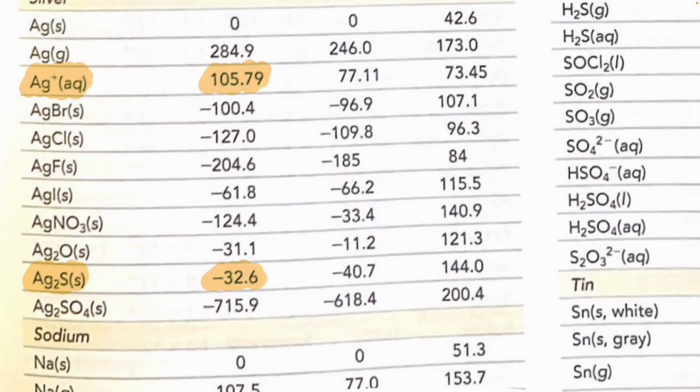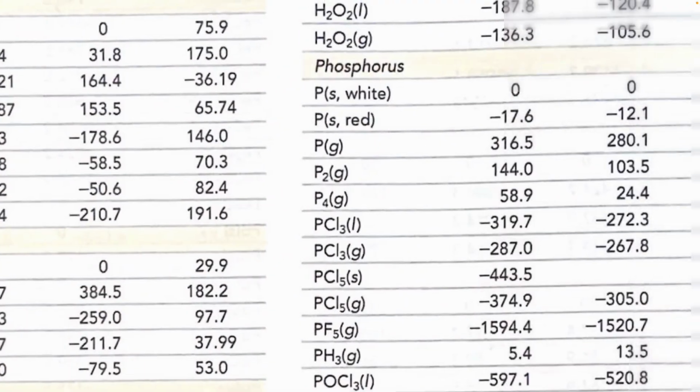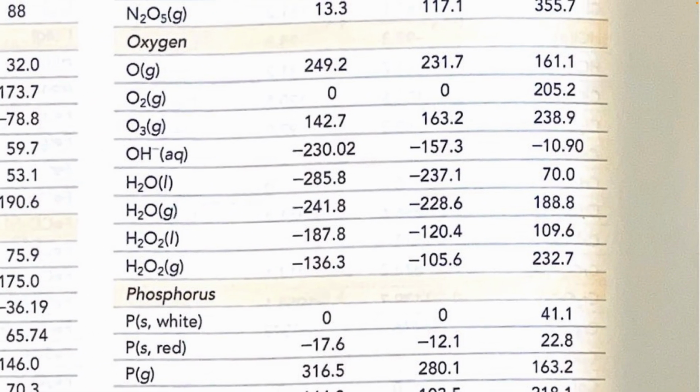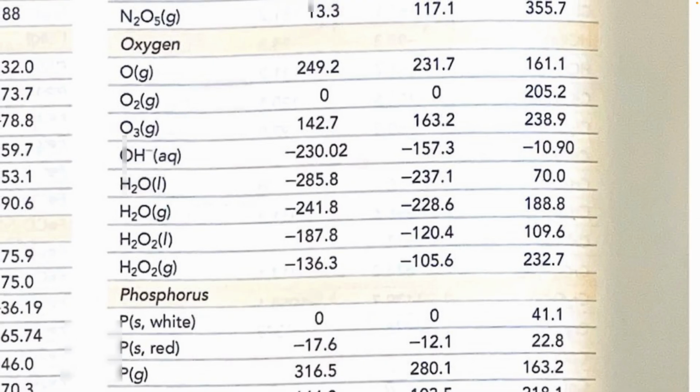Here we go. All right. Remember, the first column is the enthalpy. The middle column is the delta G, but I don't care about standard conditions, so I'm going to look at the first and the last column here.